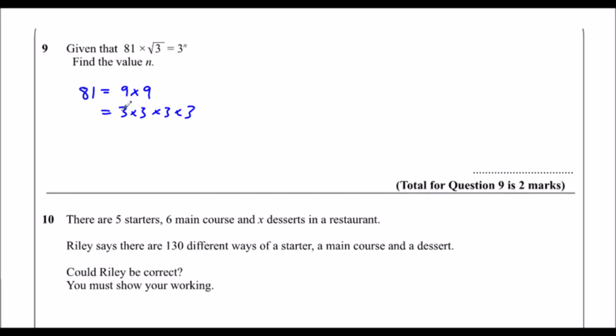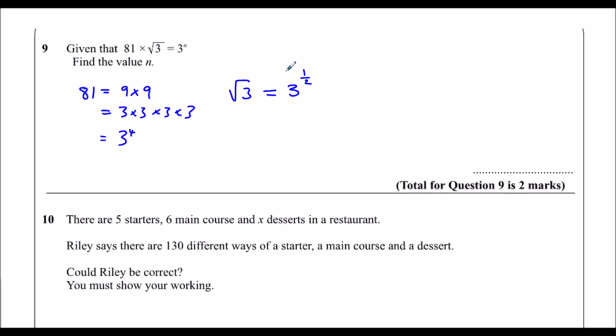So 81 is 3 to the power of 4. Root 3 can be written as 3 to the power of a half. A square root can be written as a power of a half.